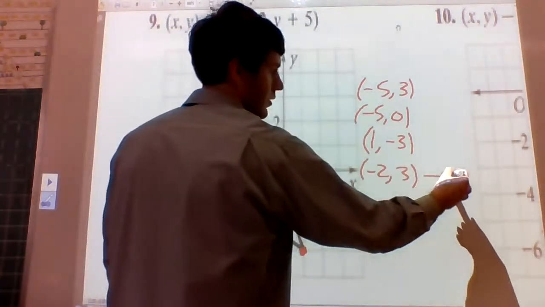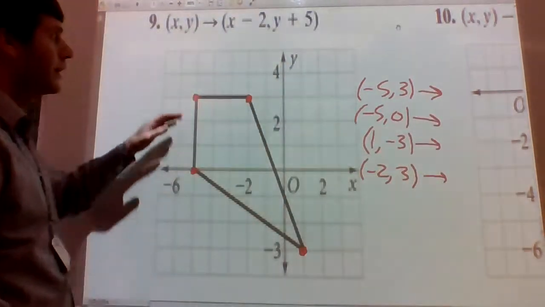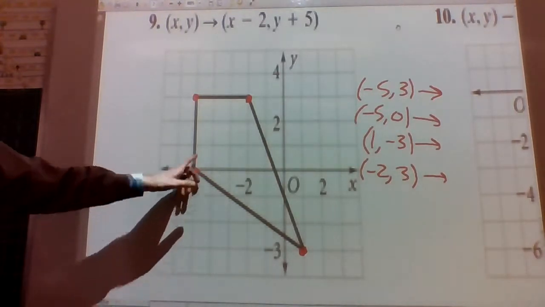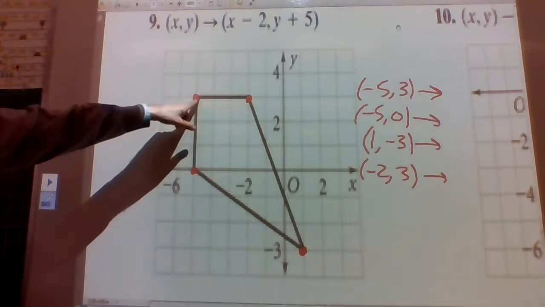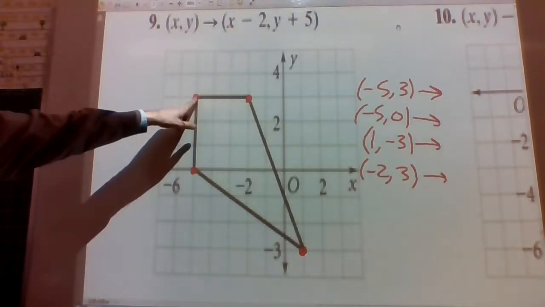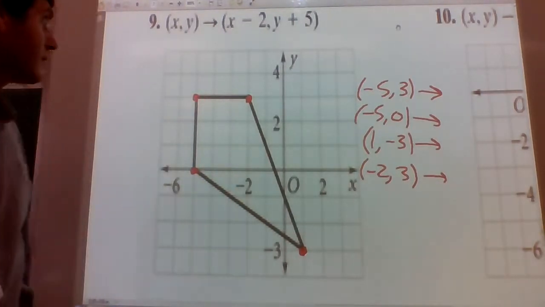So we want to find where all those points are getting mapped to or translated to by our mapping notation here, our translation. Okay, -5, 3. So we want to go left 2 and up 5. That's going to be off the page.